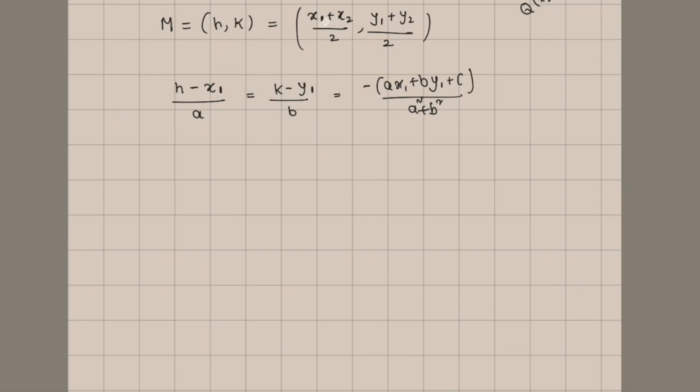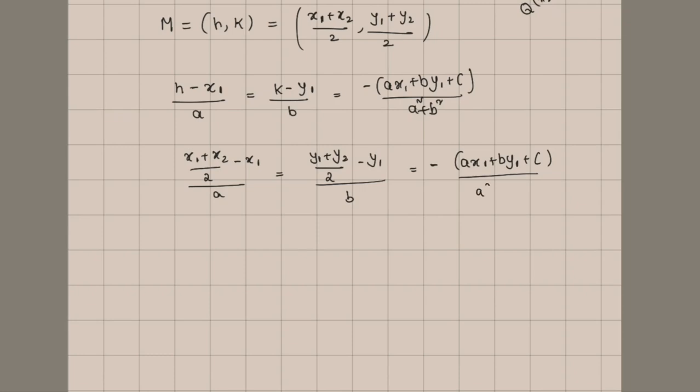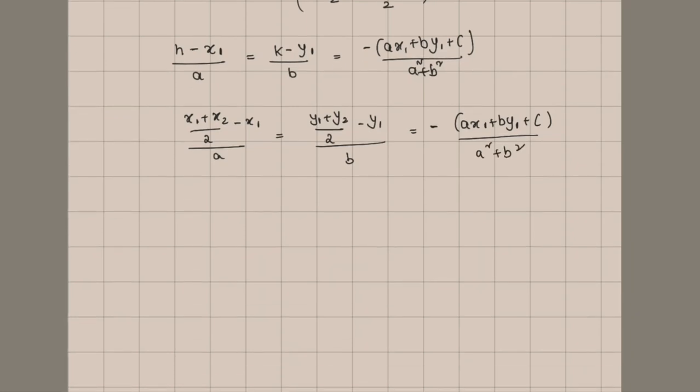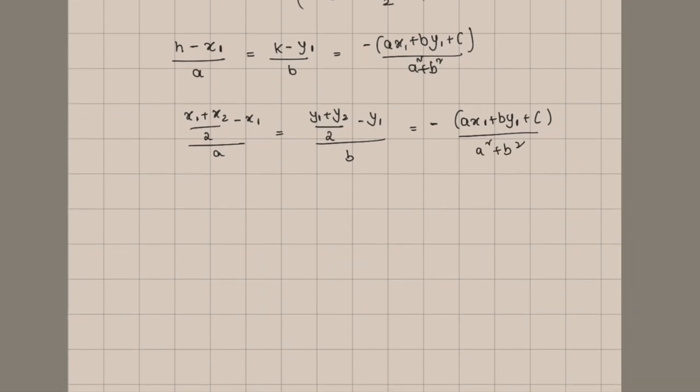So h is nothing but x1 plus x2 by 2. So x1 plus x2 by 2 minus x1, take the 2 to the numerator side.